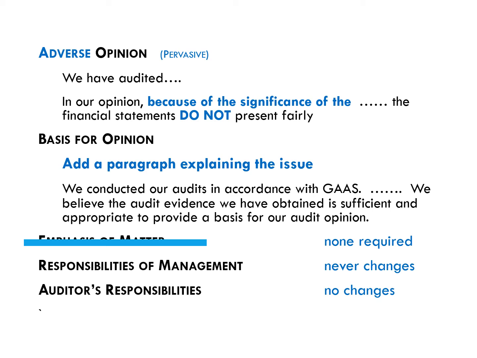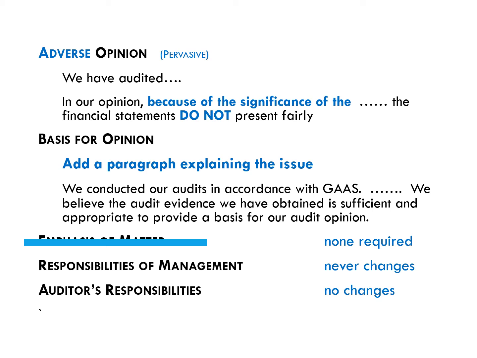If the misstatement is pervasive, and it can't be compartmentalized, then we'll issue an adverse opinion. Again, the first paragraph is unchanged. In our opinion, because of the significance of the matter described in the basis for opinion section, these financial statements do not present fairly. In the basis for opinion section, I need to add a paragraph explaining the issue.